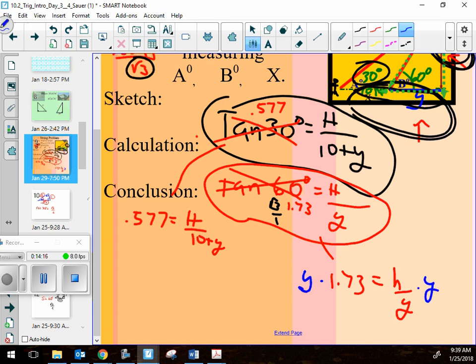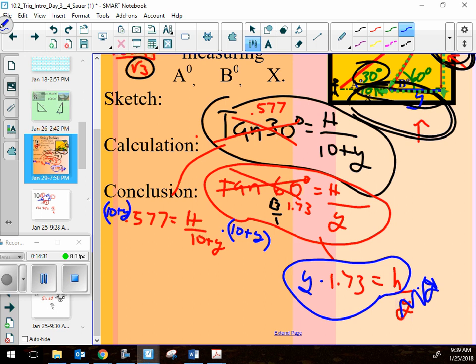I'm going to times it by y. h is that. Well, if I solve this one for h, I'm going to multiply both sides by 10 plus y. By now, you should have it ingrained in you that if you see a fraction, you multiply by that denominator to get rid of that fraction.